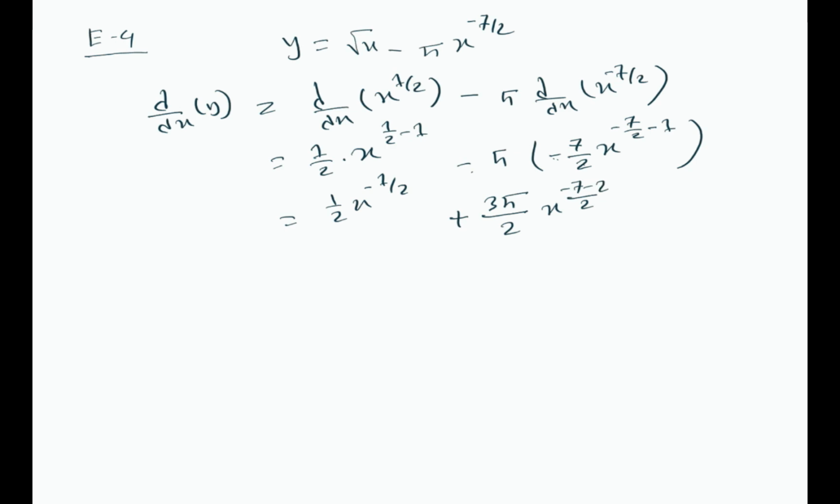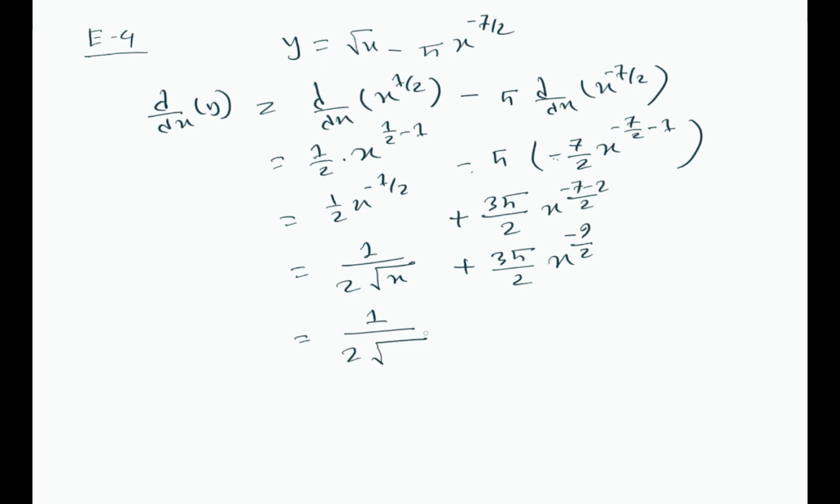So we can simplify it a little further. 1 over 2 square root of x, then plus 35 over 2 x to the power minus 9 over 2, right? So we can write one more line to simplify it.